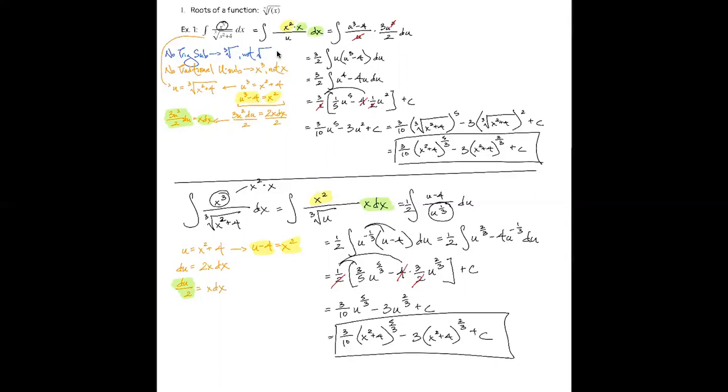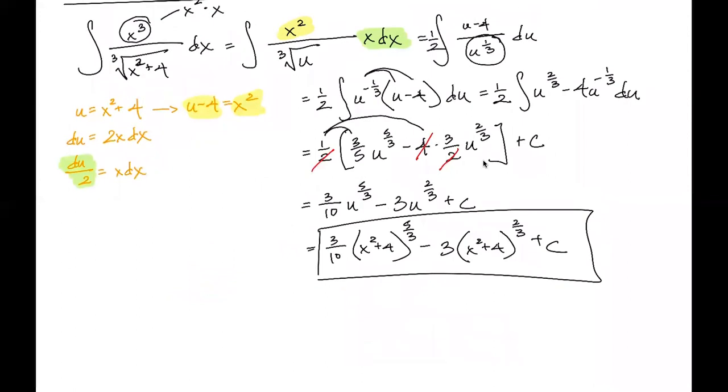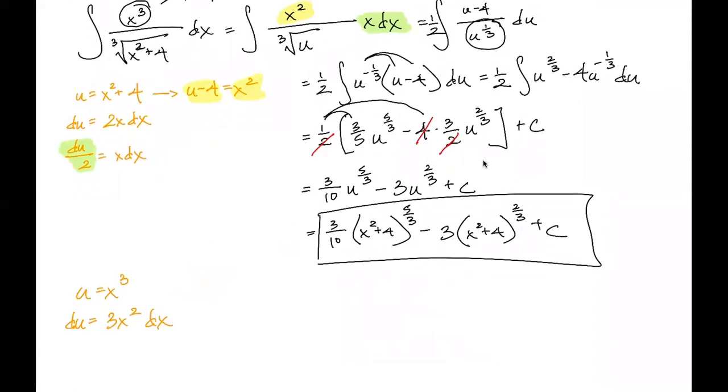Okay, great question. Patrick asked if you could start with u equals x cubed. So let's see where that would get us, okay? If u equals x cubed, then du equals 3x squared dx. And I see an x squared in there.